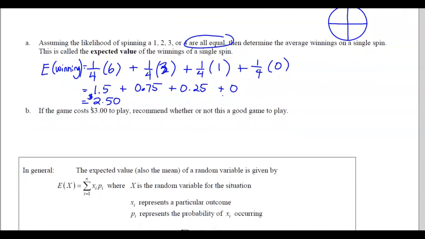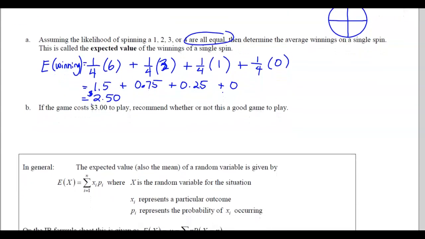If you skip ahead a little bit, you'll see the formula for it: the sum of each random variable times its probability gives you the expected value.